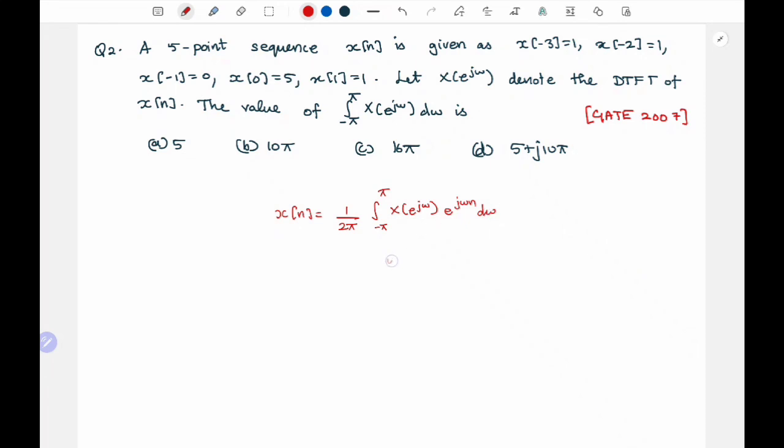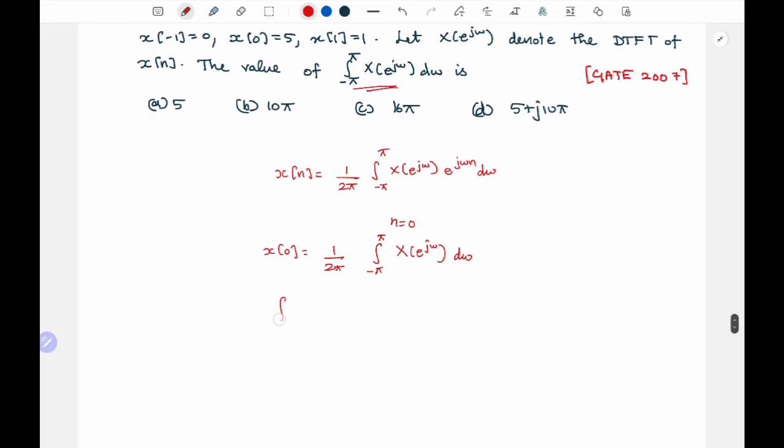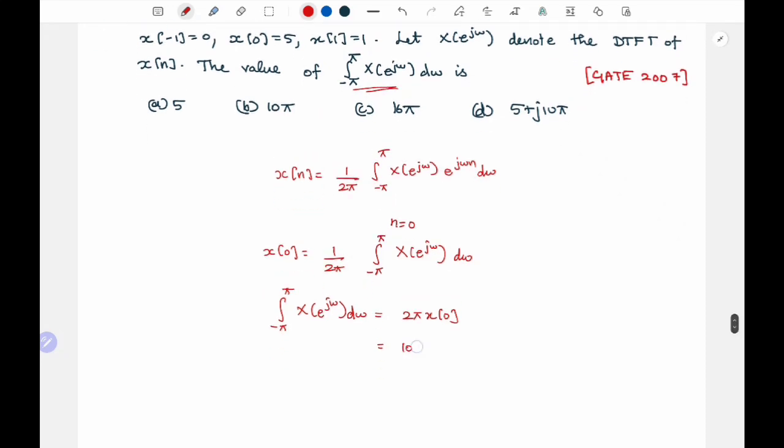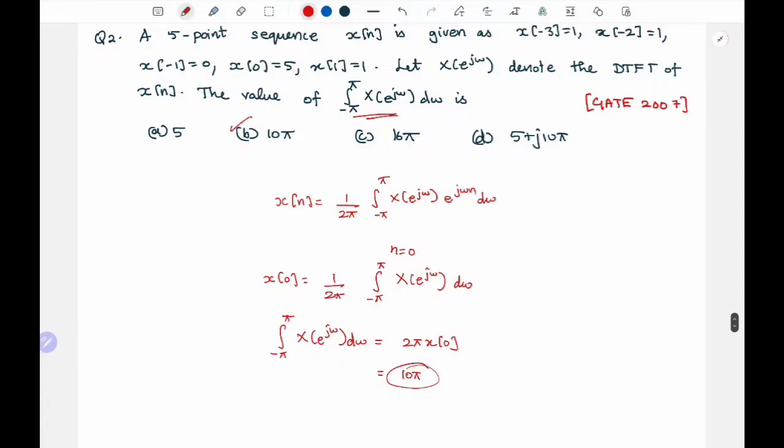So now if I substitute n equal to 0 here, I'll have x of 0 equal to 1 over 2 pi integral minus pi to pi x of e power j omega, and this term is going to become 1, so into d omega, and this is what we want here, correct? So my integral from minus pi to pi of x of e power j omega d omega is nothing but 2 pi into x of 0. So my x of 0 is 5, so this is going to equal 10 pi. So this is your answer, option B.